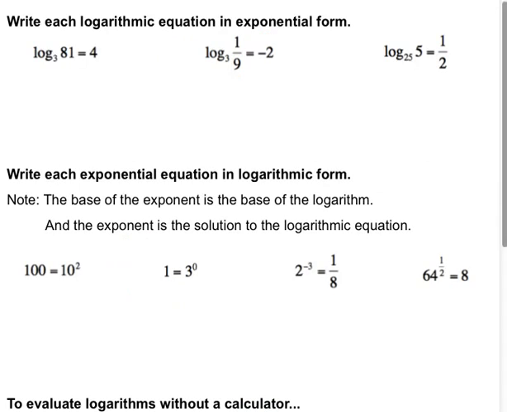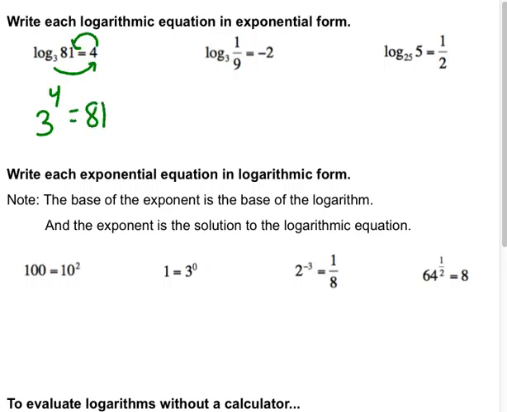So let's talk about transforming these, writing them in their alternative form, because every logarithm can be written as an exponent, and every exponent can be written as a logarithm. Here, this is very straightforward. This is exactly what Mr. Loopy says. You loop around. 3 to the 4th power is 81.